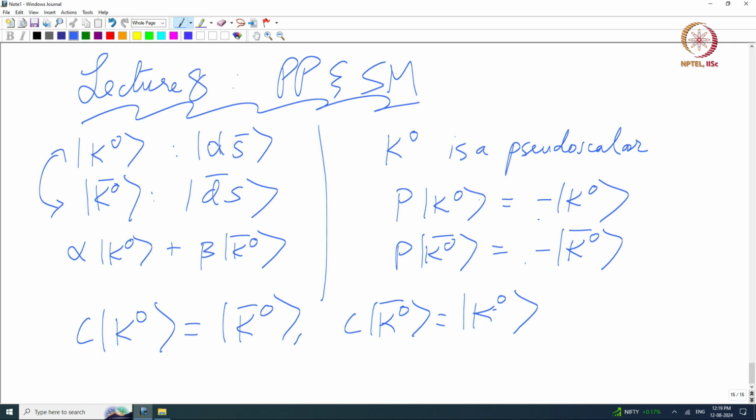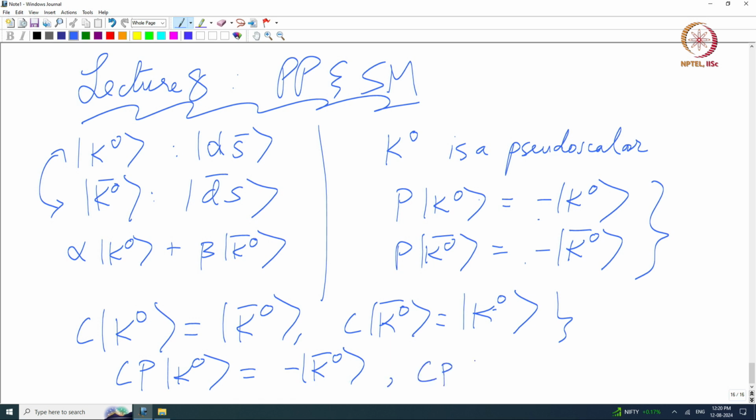Now indulge me a bit, I am going to check what happens if I apply CP together on this. So I am just going to combine this and this. Let us see what I get if I apply CP. P is a multiplicative quantum number. All that happens is that I pick up a minus sign from P and then I flip the K0s and the K0 bars to each other.